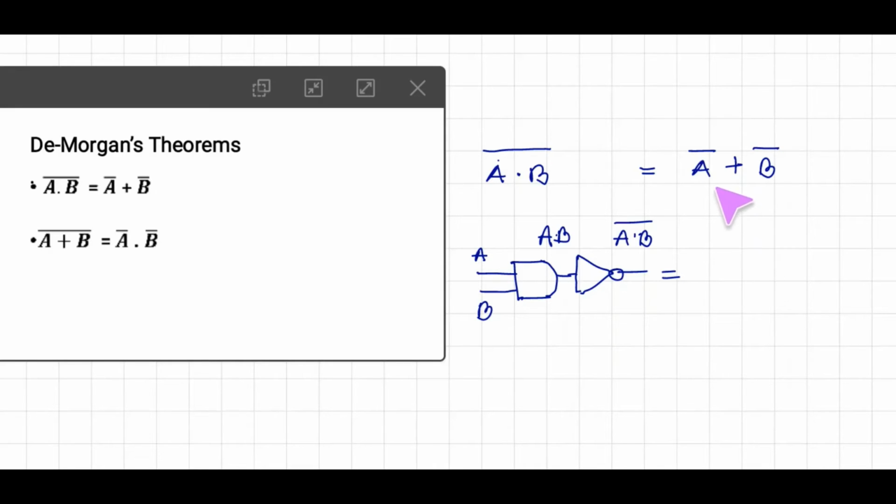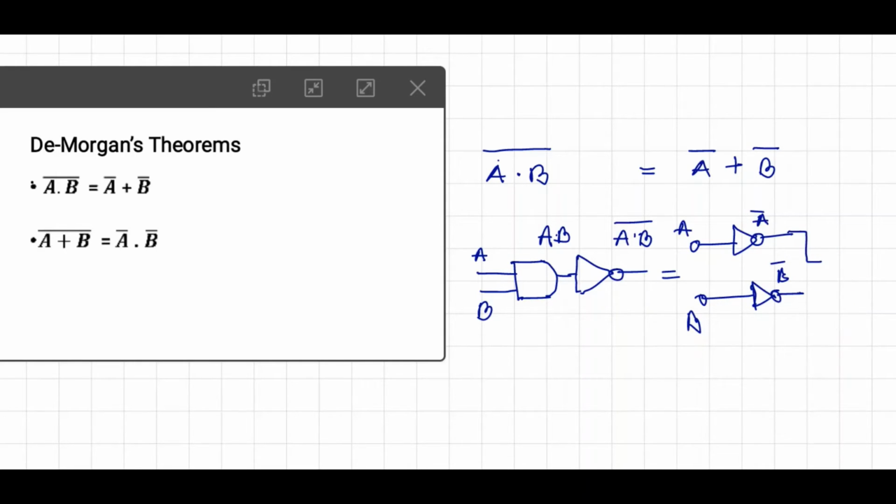Whatever output this circuit is giving is exactly equal to the output of the circuit formed by this expression. That means here we have A complement and B complement, and thereafter ORing. So here is the A input; its complement is done by using a NOT gate. Here is the B input; its complement is done by a NOT gate. So here we get A complement and here we get B complement, and now they are ORed.